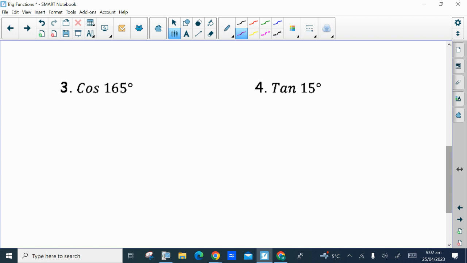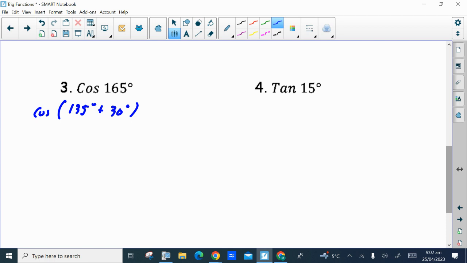We need to find two angles that either add or subtract to get 165 degrees, and both of those angles need to be on the unit circle. So in this case, one set of angles that will work would be 135 degrees plus 30 degrees. You see, 135 degrees is halfway between 90 and 180.